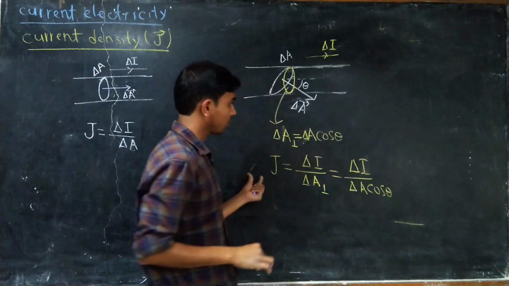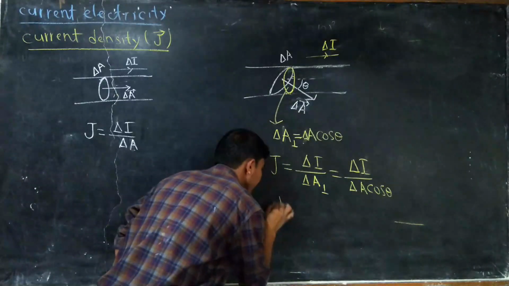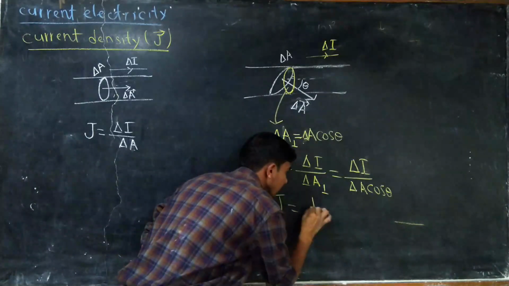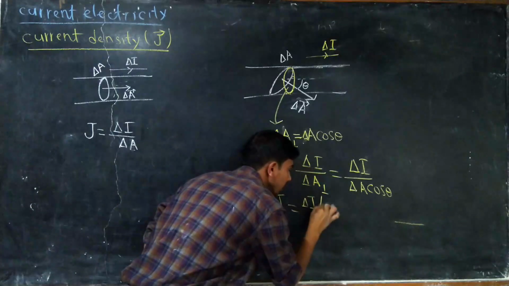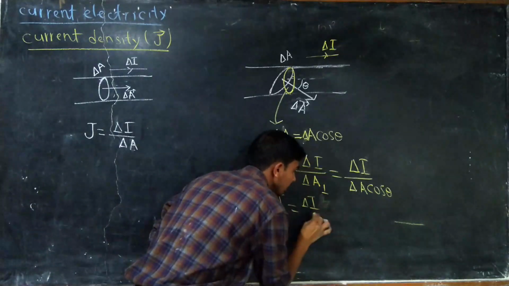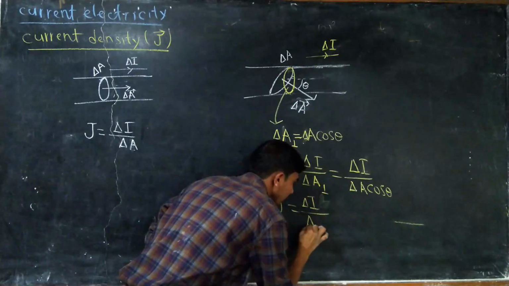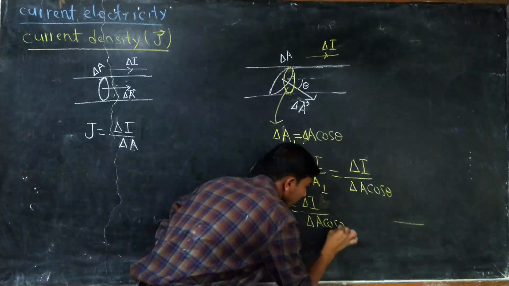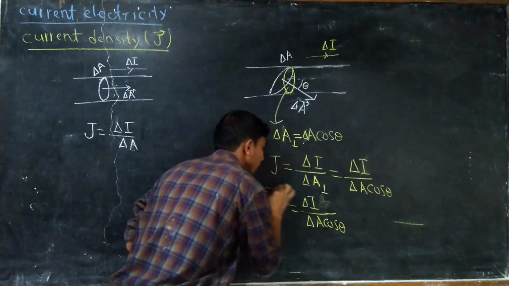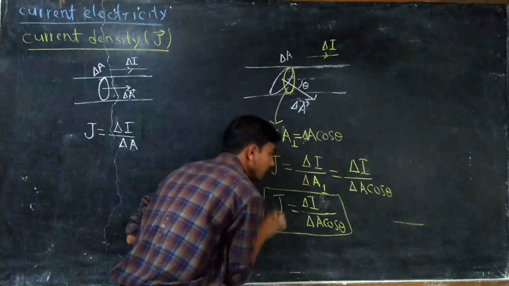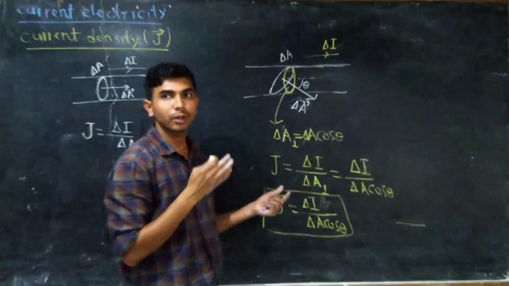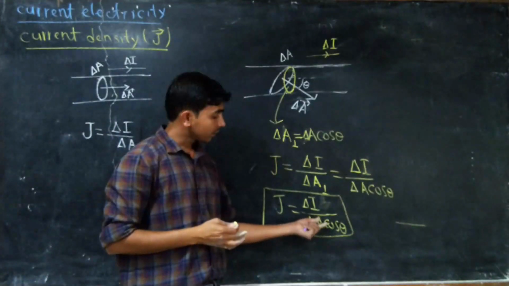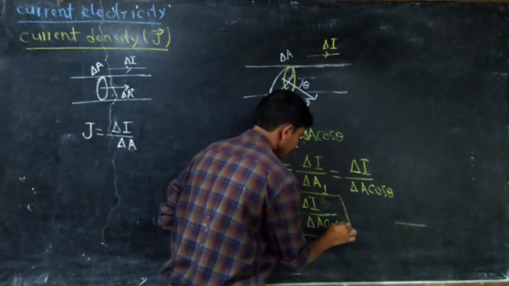So J is equal to delta I by delta A cos theta. This formula is useful when the area is not perpendicular to your current but the angle is given.